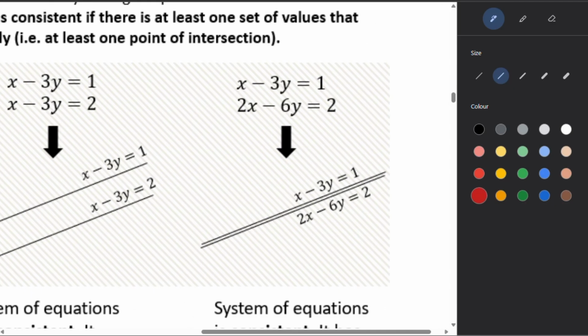So you might form new equations. This was equation 1, and this was equation 2. If I took equation 1 and multiplied it by 2, can we see that gets me equation 2? They are the same equation. Or consequently, if you divided equation 2 by 2, you get equation 1. So these are on the same line.